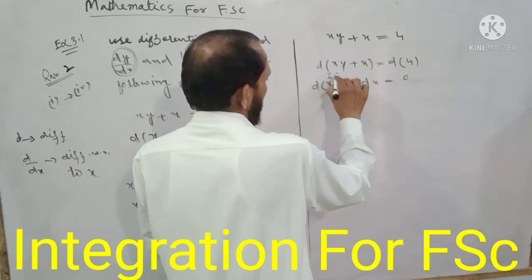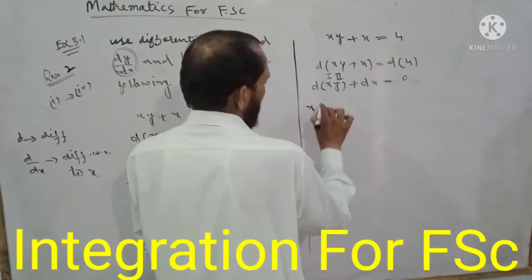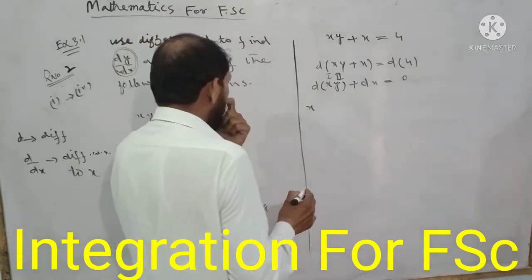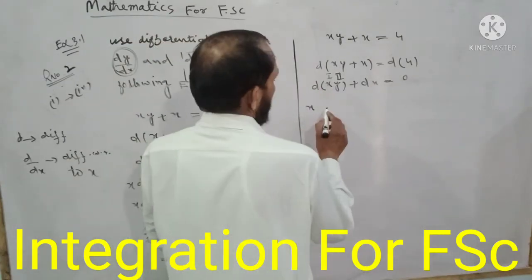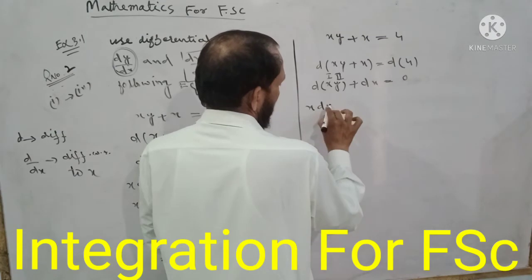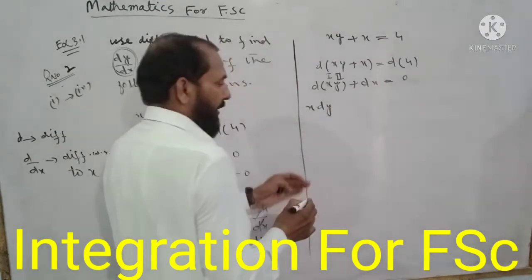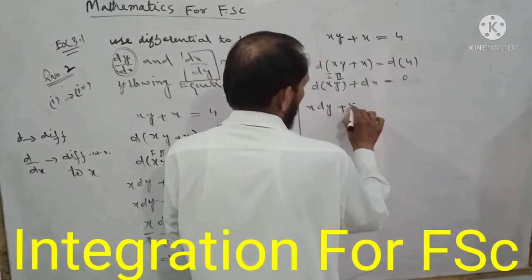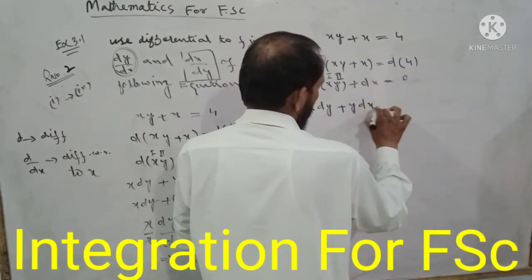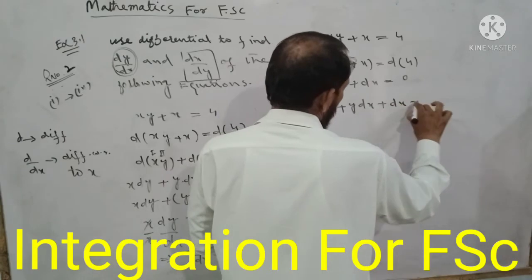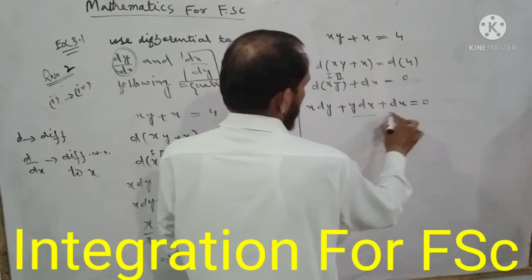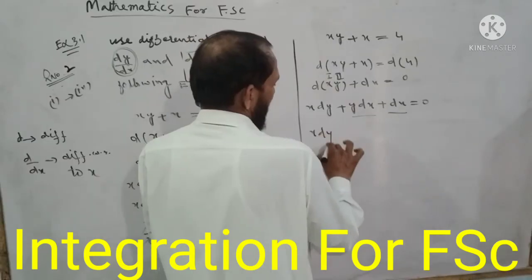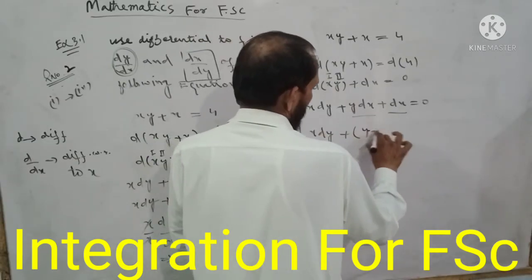Here there are two functions, so we apply the product rule. We write the first function and take the differential of the second function, and then write the second and apply it on the first function. These are the same as dx, meaning differential of x. So dy dx will be common in these values.